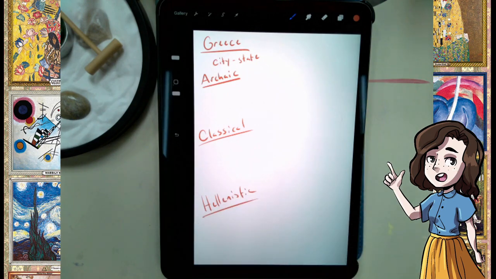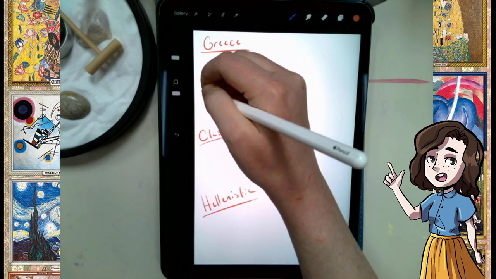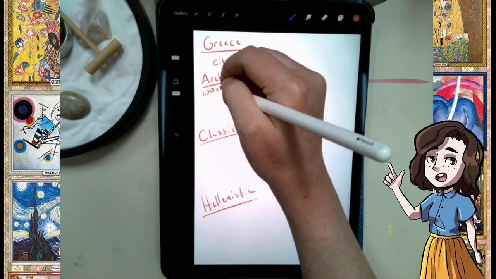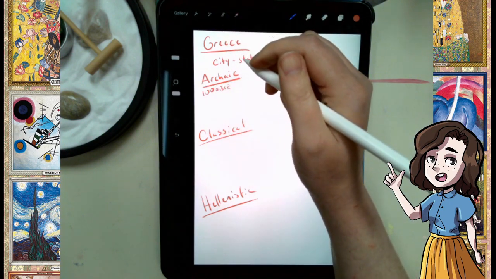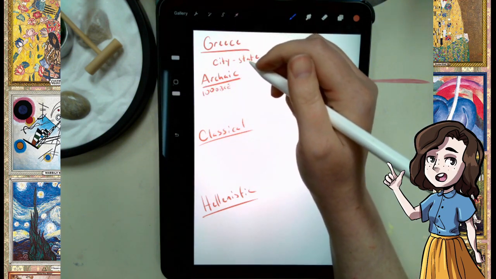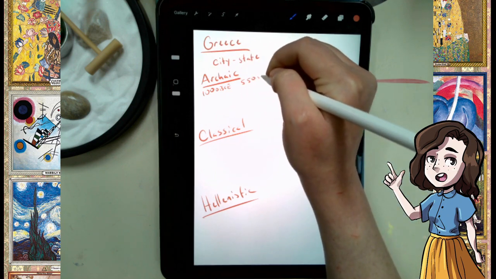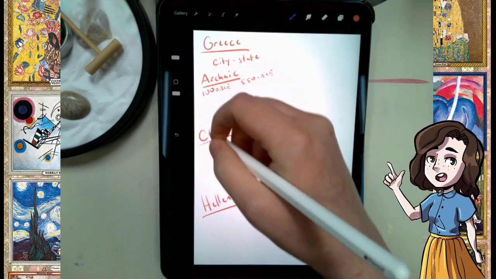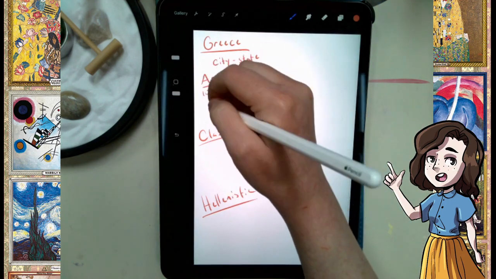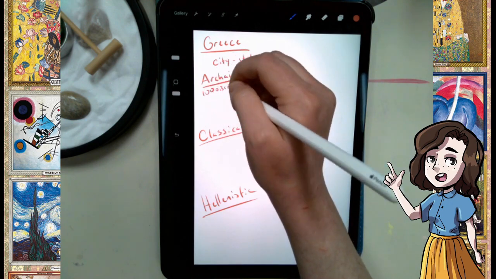Archaic is roughly, again, we're just rough, 1000 BCE, that's even a big estimate, up until we'll say the 550s BCE. Don't take those dates, look at the ones in the notes. But we know it's archaic because they're still borrowing heavily from Egypt.